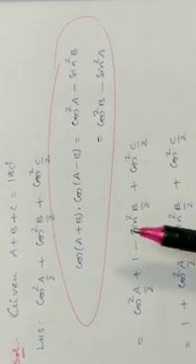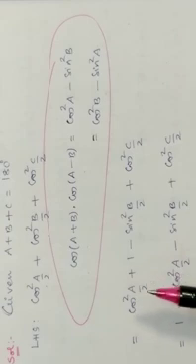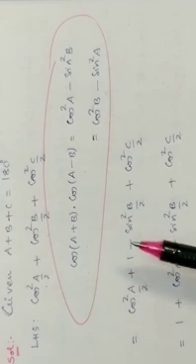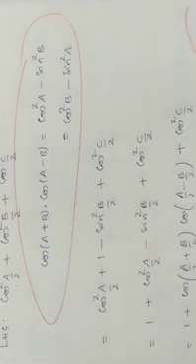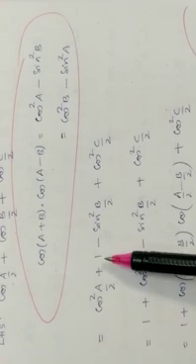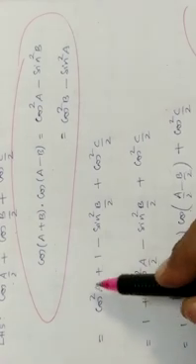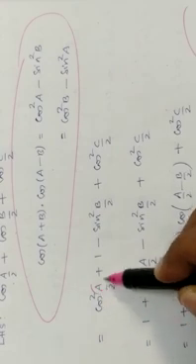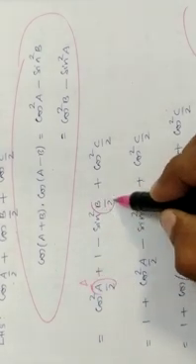Now, cos square a minus sin square b. Write this plus 1 in the beginning. You can observe this is a, this is b.